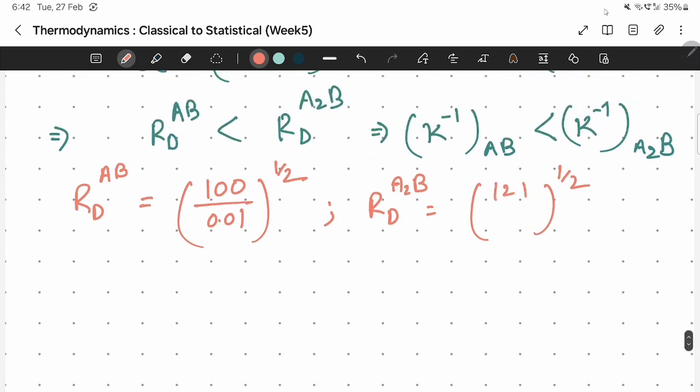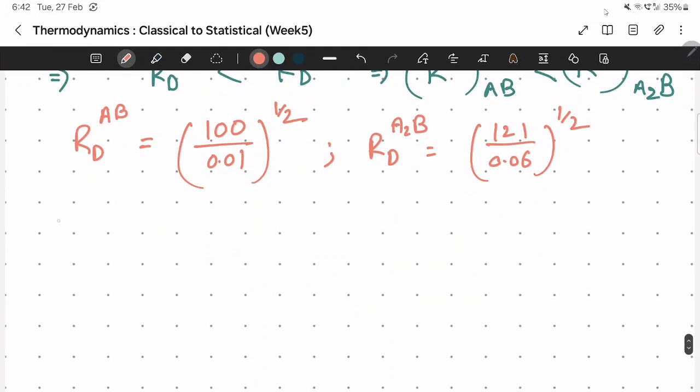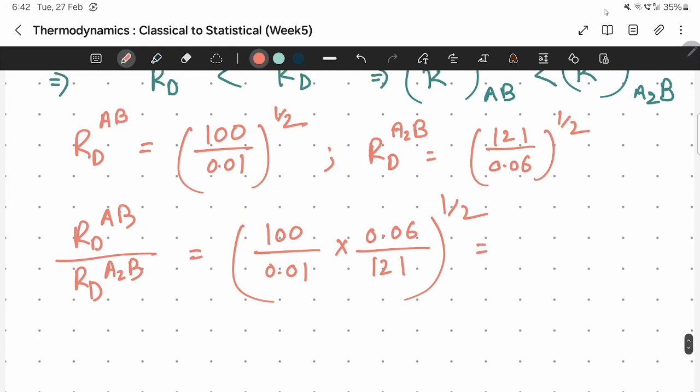It is 1.1 divided by 16, 0.06 to the power half. Now, if we take the ratio RGB divided by, then it will be 600, 121 to the power half.